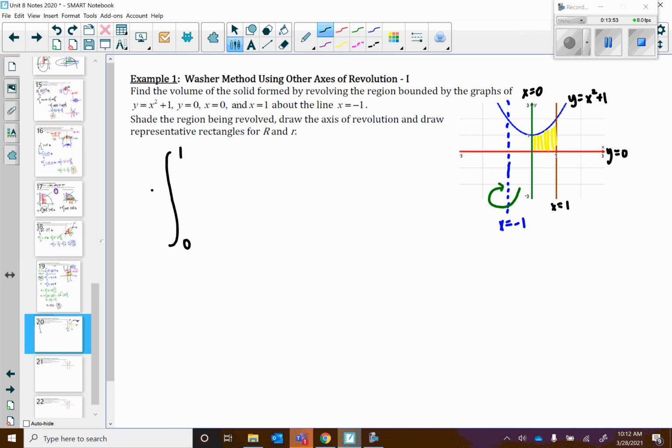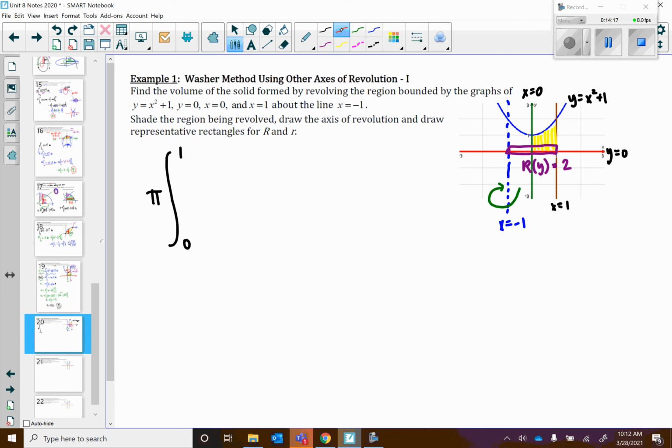I'm going to throw the pi out front because I know I need that. So what is our big radius here? Well, let's think about it. This distance from the y-axis to the line x equals 1 is a distance of 1. This distance right here is also a distance of 1. So this whole radius is 2.